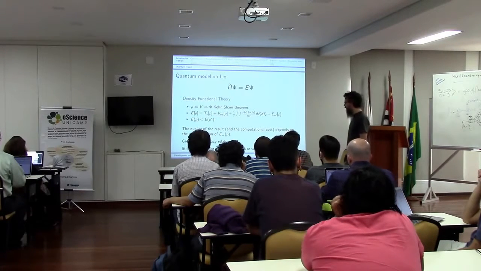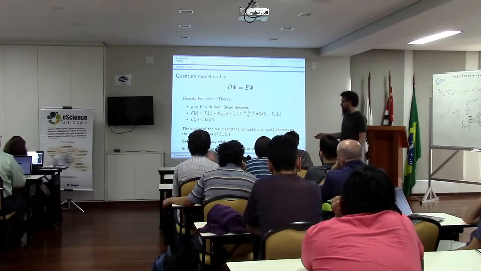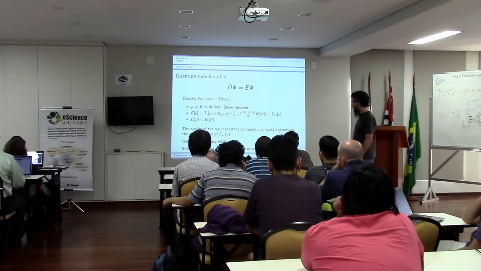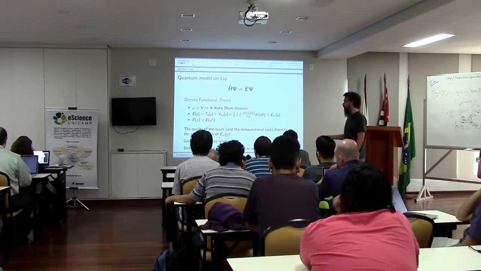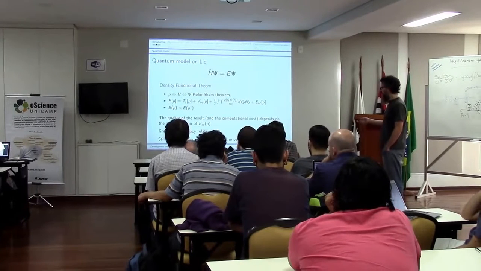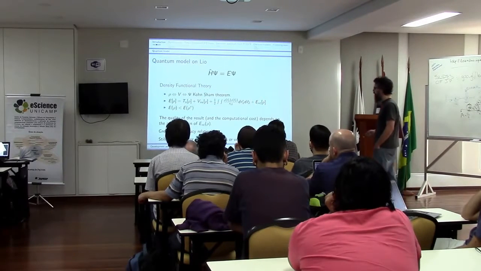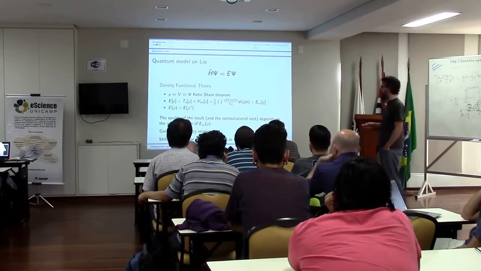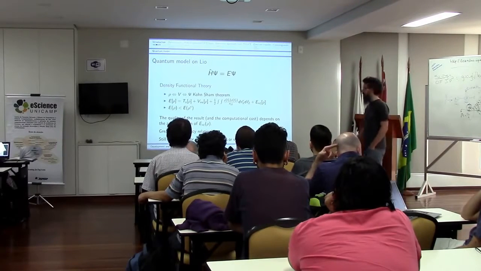You have a criterion of a good density: when the energy associated with the real density is always lower than the energy with another density. But in this scheme, this term has all the magic, and this term determines the quality of the results and the computational cost.